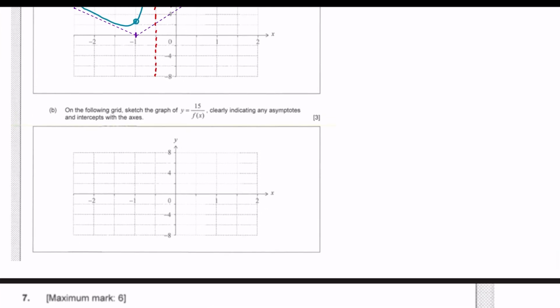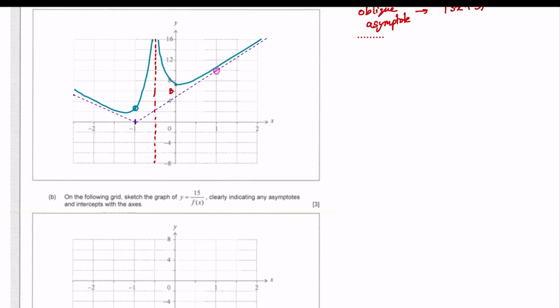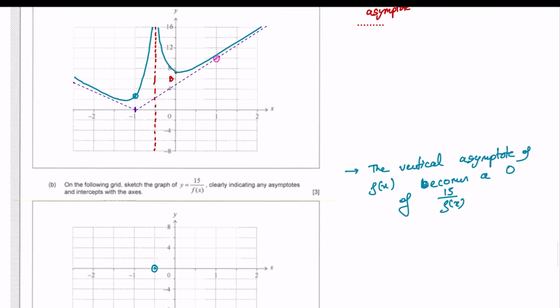Now the next one, we have to sketch 15 over f(x). One thing is very important: the vertical asymptote of f(x) becomes a 0 of 15 by f(x). So at x equals -1/2, there is a 0 or a root.